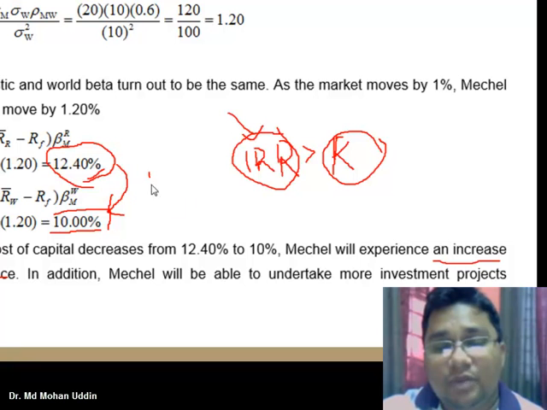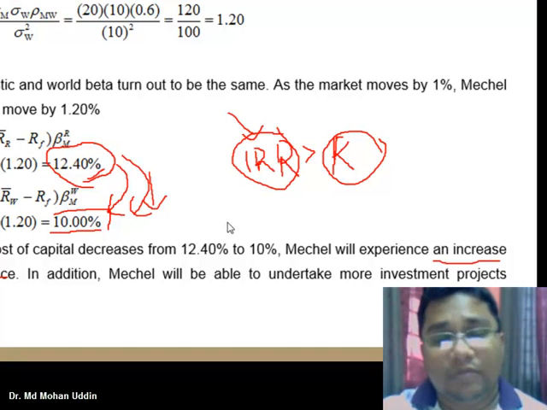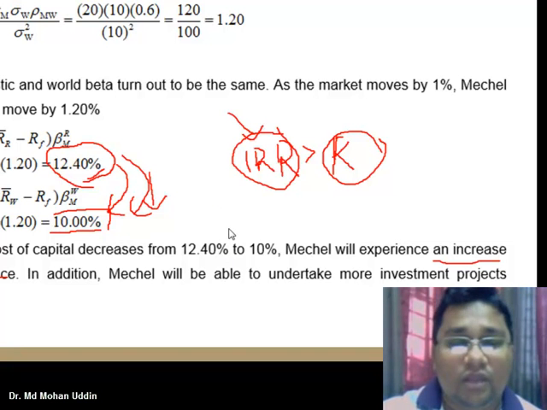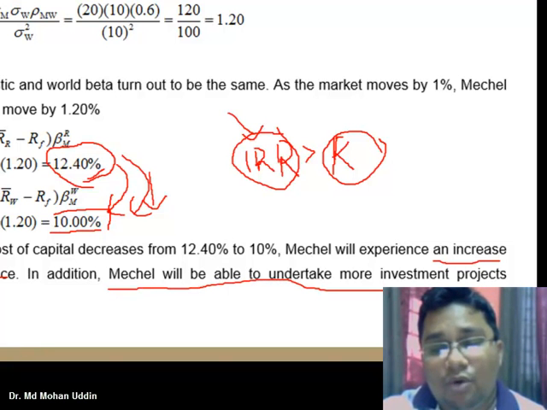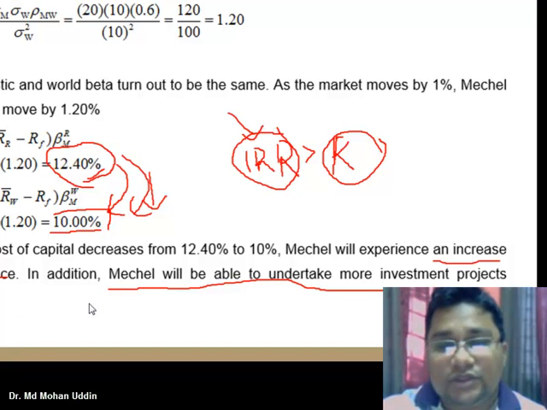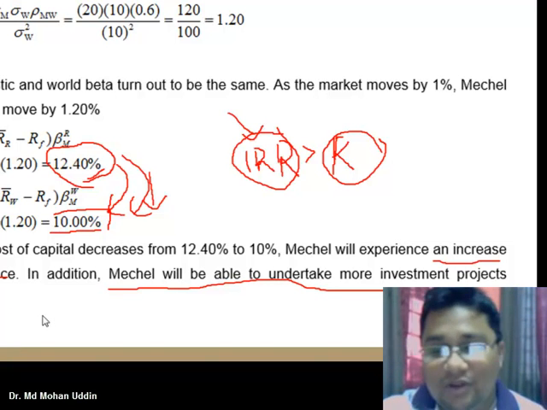But if your cost of capital decreases as a result of the decrease of cost of equity, then you can accept some more investment projects with a slightly lower internal rate of return. Therefore, Michelle will be able to undertake more investment projects profitably. So this is how we can solve this problem. That's all. Thank you very much.